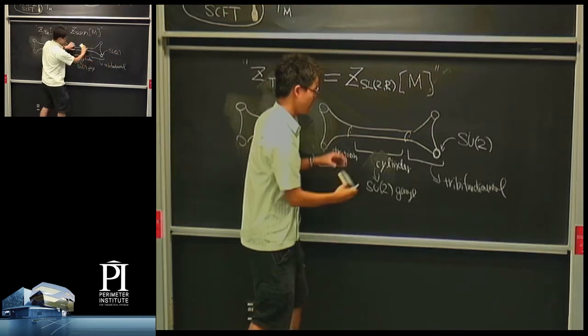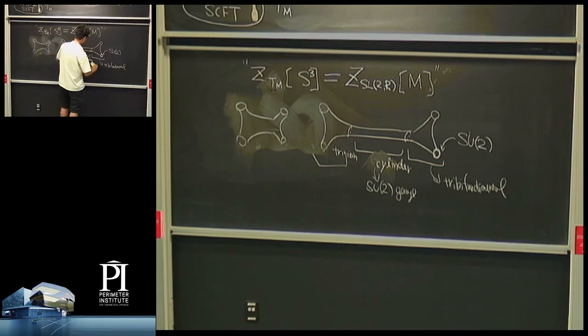When we group these 2 trinions together, there are 2 SU(2)s. If you don't have this cylinder, there are 2 S1s here and there, so they are SU(2) times SU(2) global symmetries. And we are going to gauge the diagonal part of that. That's the geometrical meaning of concatenating the cylinders to trinions.